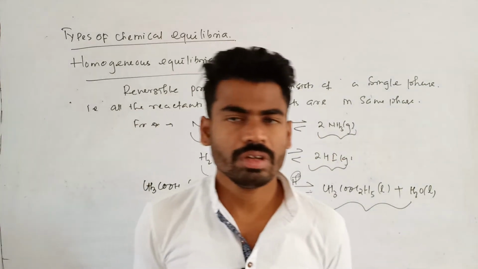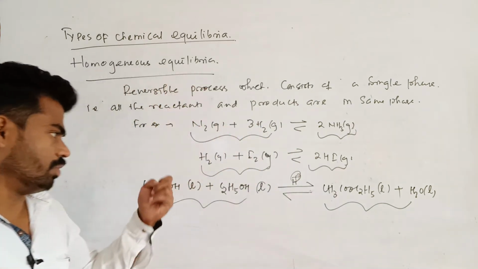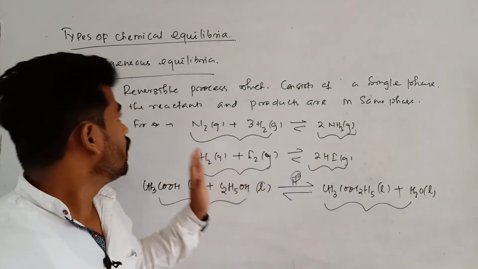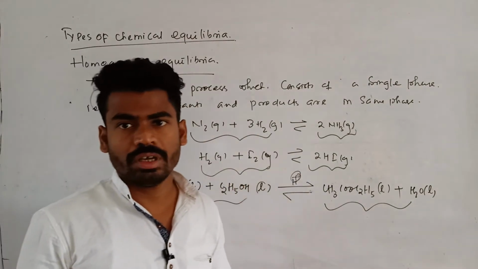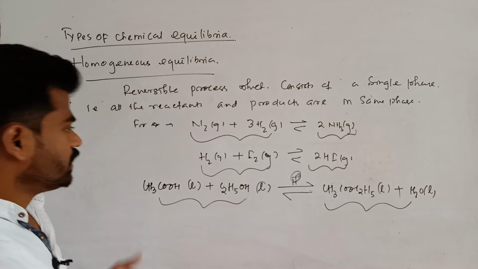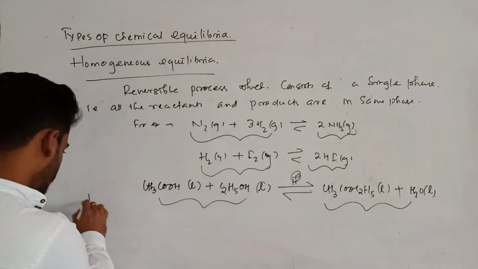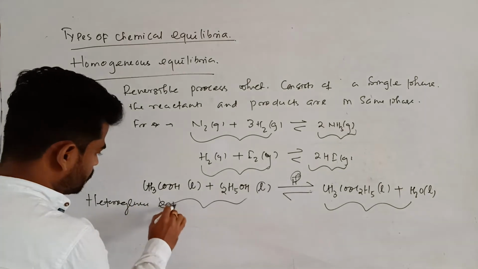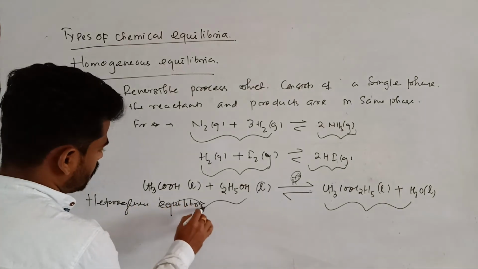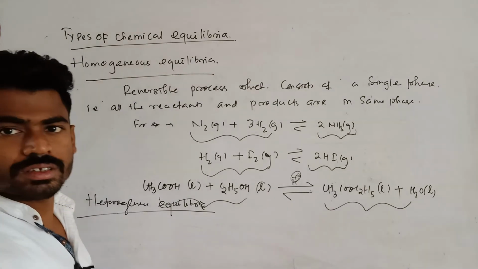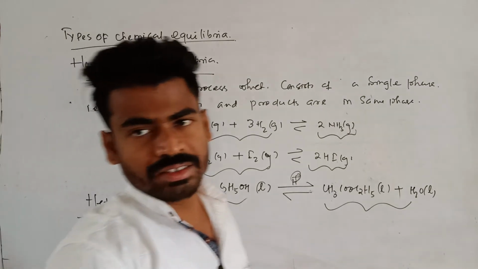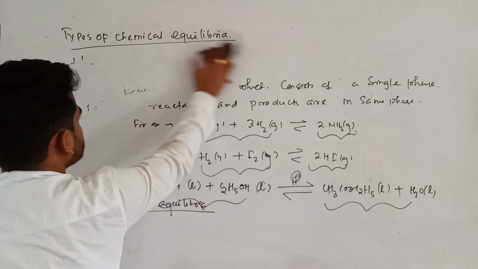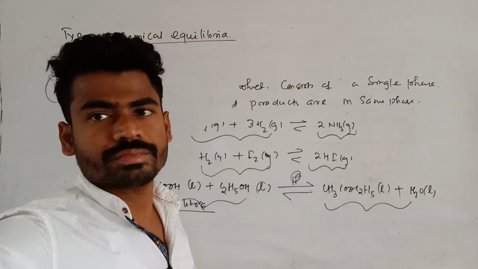So this one is homogeneous equilibrium. So equilibrium of all these reversible chemical changes are homogeneous in nature. Clear? Next, heterogeneous equilibria. So heterogeneous equilibria means the reactants and products are not in the same phase.